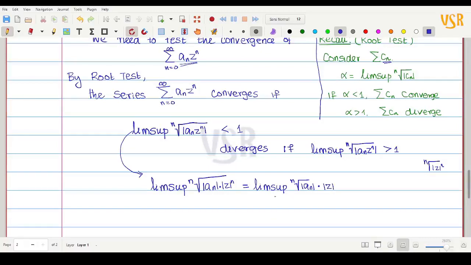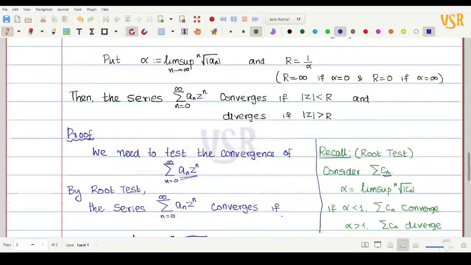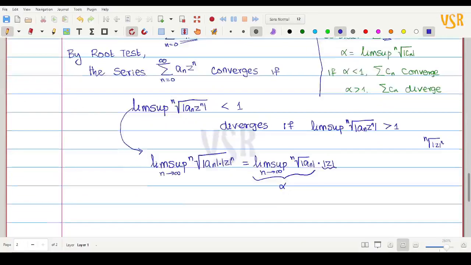Okay, அப்போ இது வந்து கான்ஸ்டன்ட், இதுல n கிடையாது. அப்போ இங்க எல்லாம் n tending to infinity, so n is the variable here. Okay, அப்போ this can be taken outside. இதை நான் ஆல்பான்னு கொடுத்திருக்கோம். So it is given that alpha is equal to limit supremum of nth root of mod a_n. So this is equal to alpha times mod z.